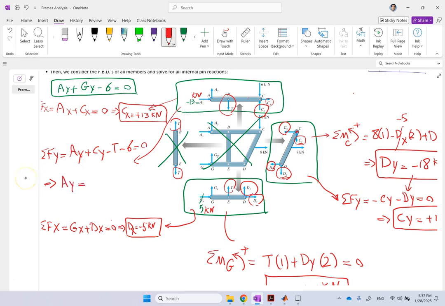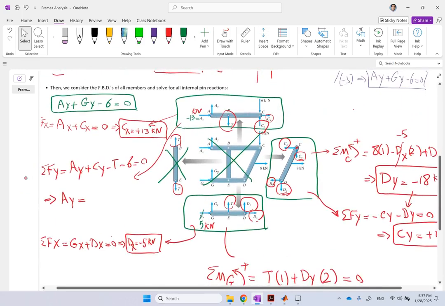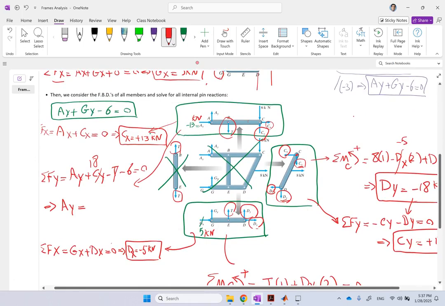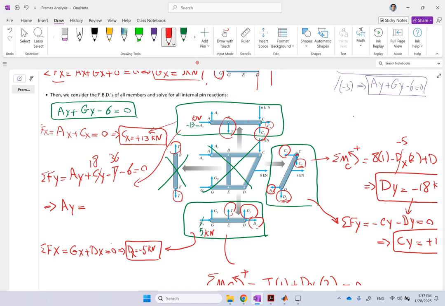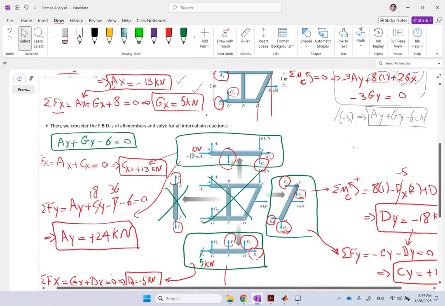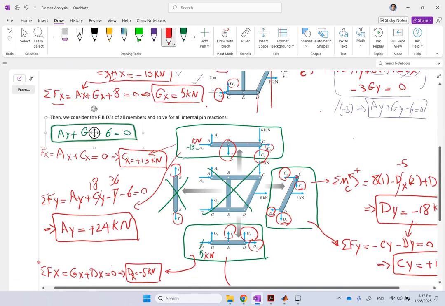Because Cy is positive 18, and this guy is positive 36. Okay, so that's negative 42, 18, negative 24, so I get positive 24 kilonewton. This is one of those external reactions that you could not find here. Remember, Ay you could not find. Now you do.